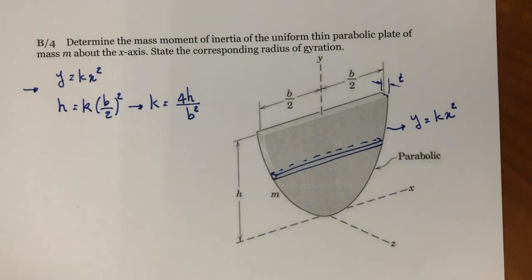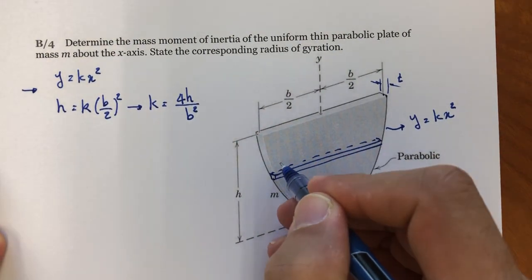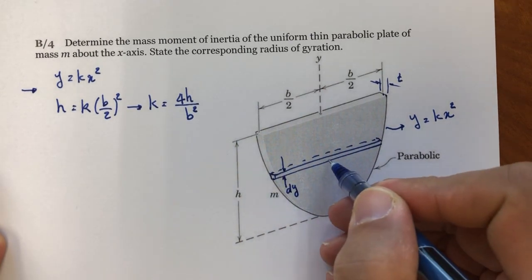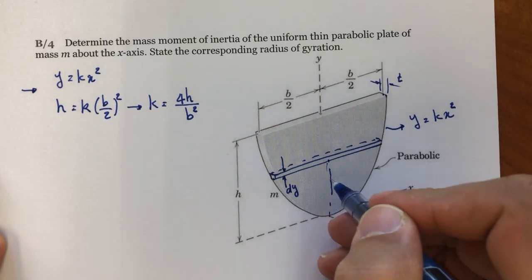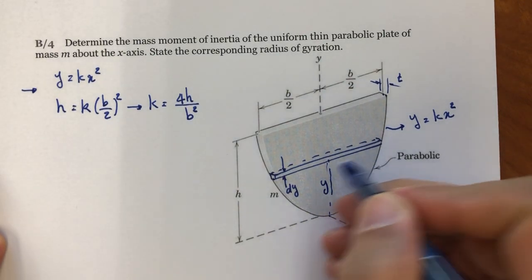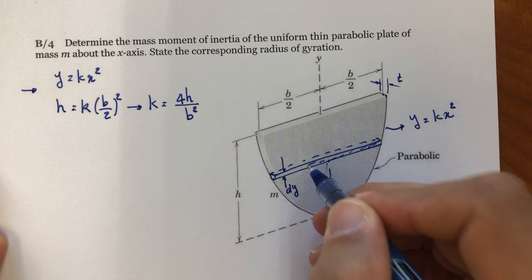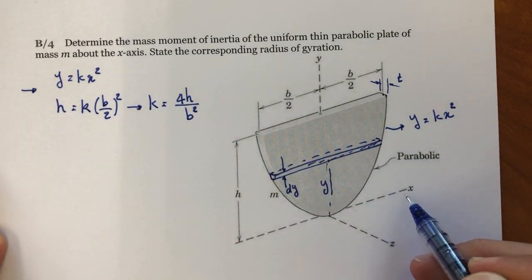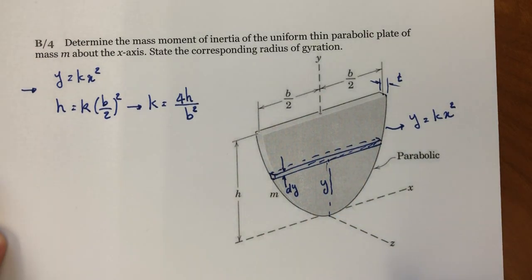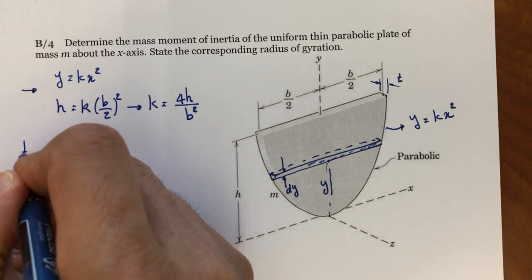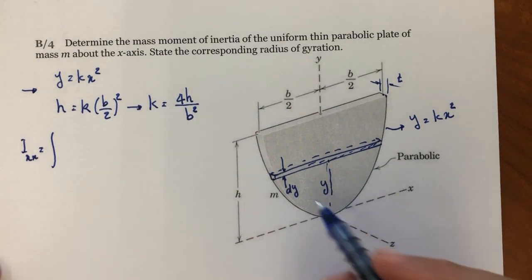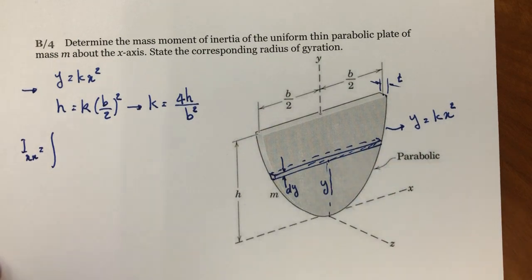So if you choose this tiny block with the height of dy, and the distance of it from the x-axis, let's say it is y, we are choosing this horizontal strip because all the points on this element have the same distance from x, right? And because of that, we can use the definition of mass moment of inertia to calculate the mass moment of inertia of this object about the x-axis using this integral element.